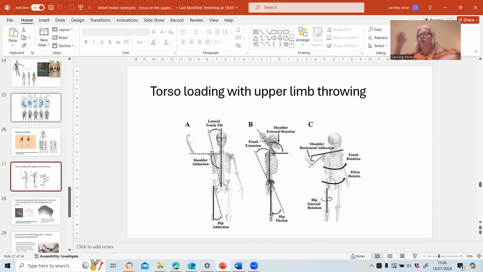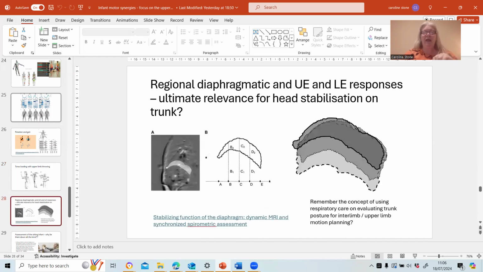Now, ultimately, we're going to do complex things like throwing and, much more dynamics whereby we have to shift our center of gravity across and still maintain limb dexterity and strategy potential. So it's one thing to stand upright and throw, but even that act will shift your center of gravity a little bit. And that then means that you will have to recruit your trunk postural muscles a lot. So if you recruit your trunk postural muscles, that means you're using your diaphragm, because your diaphragm is a hugely postural muscle.